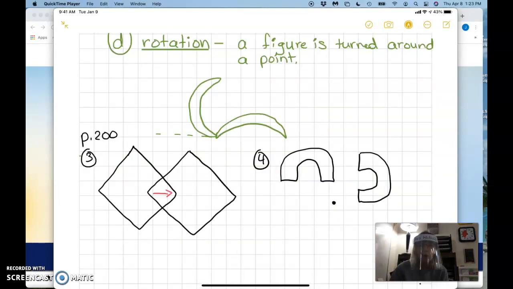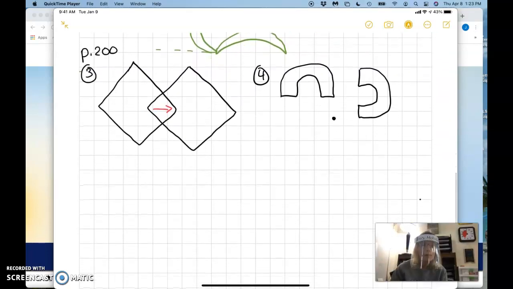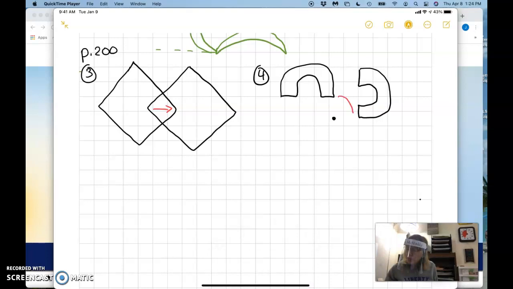We're on page 200 in the book, and we're just going to go over some examples from that page. So what we're doing is we're looking at the shapes that they've drawn, and we're deciding which one of those transformations is taking place here. So in number 3, what transformation do you think that is?